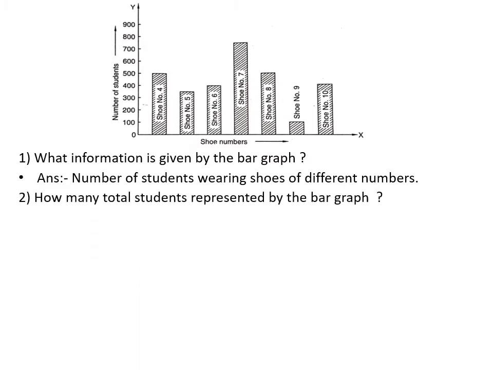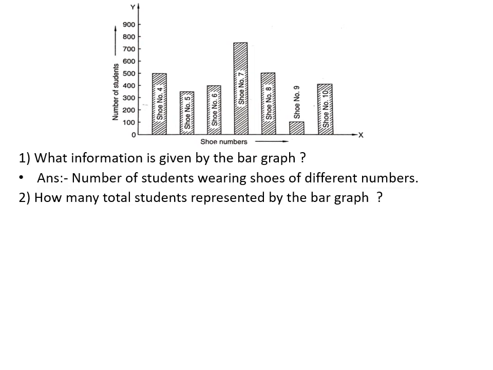Now the second question is, how many total students are represented by the bar graph? While reading the bar graph, we have already discussed the number of students, but let us discuss once again. Shoe number 4 is used by 500 students. Shoe number 5 by 350 students. Shoe number 6 by 400 students.